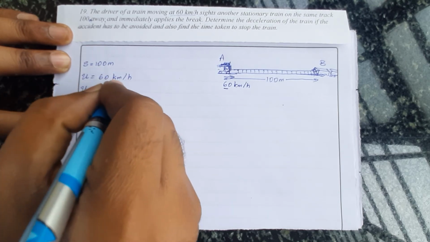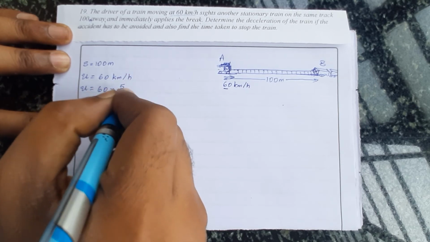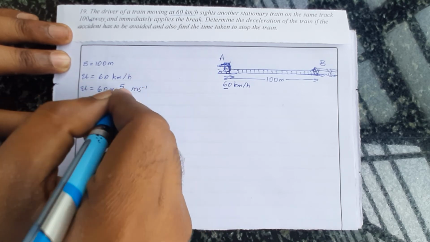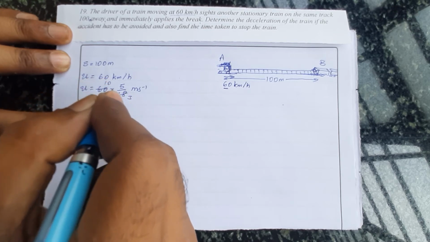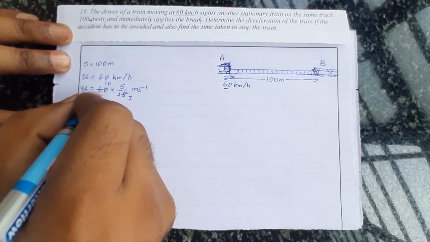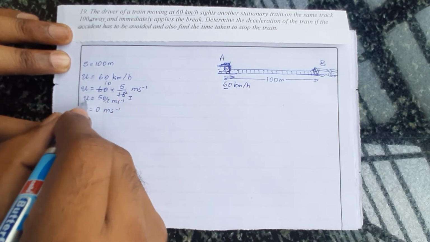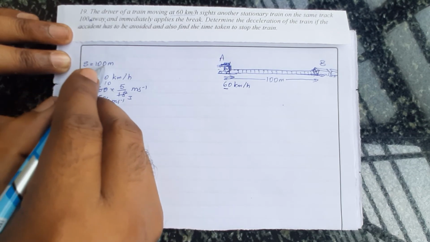So 60 kilometer per hour, we all know, is multiplied by 5 by 18 meter per second. So it's 50 by 3 meter per second. So U is equal to 50 by 3 meter per second. We have U in meter per second, V in meter per second, S in meter.